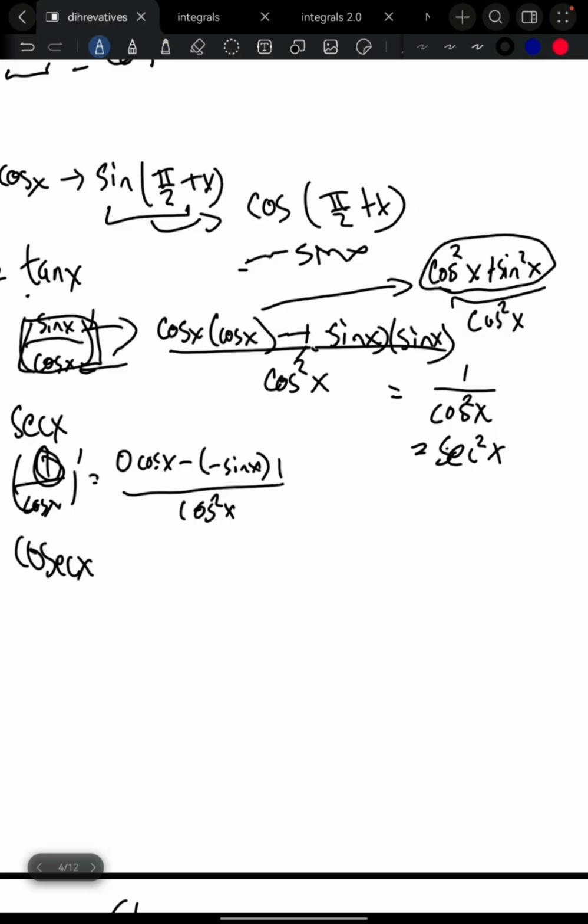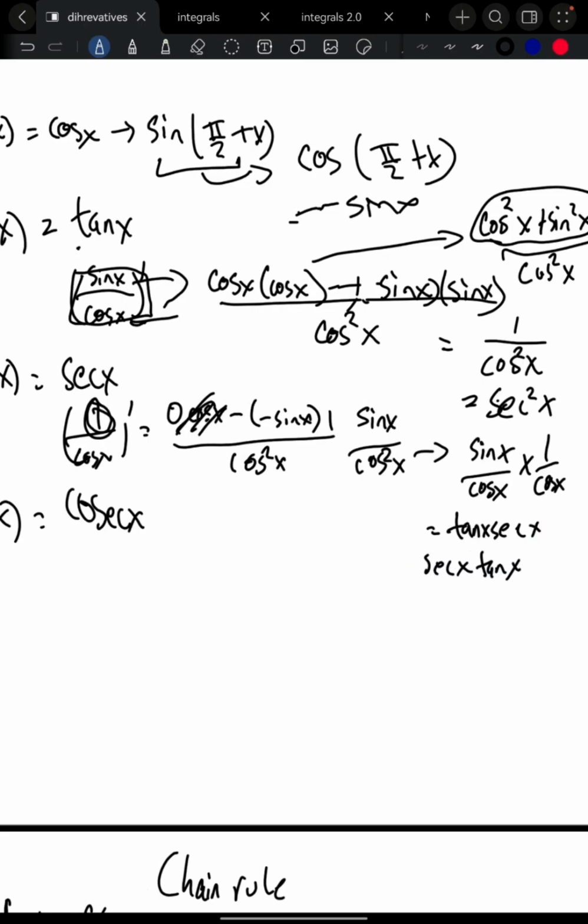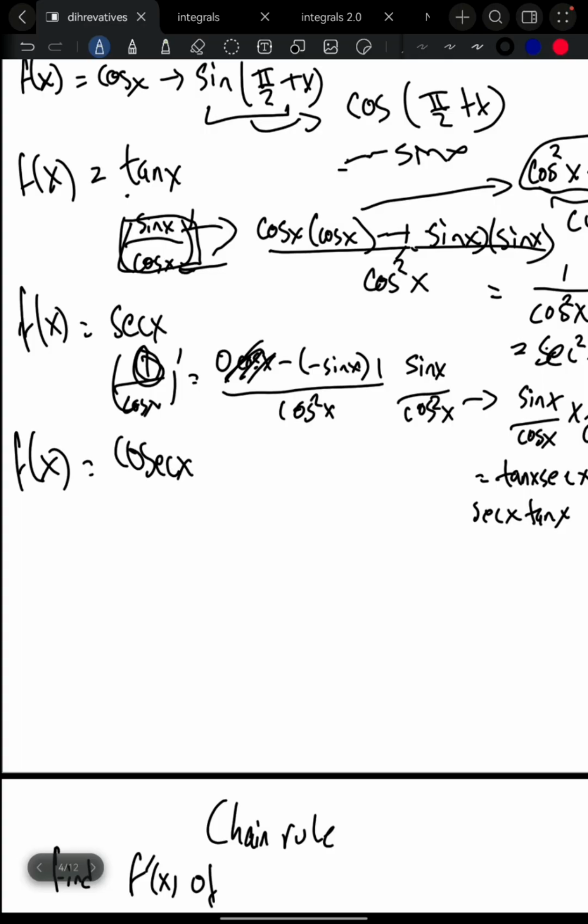The zeros cancel out. Don't remember this. So this is just sine x divided by cosine squared x, which you can write as sine x over cosine x times 1 over cosine x. So this is just tan x times secant x, or more commonly written sec x tan x.